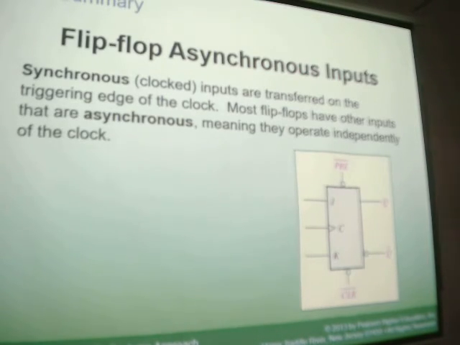Flip-flop synchronous inputs. Synchronous inputs are transferred on the triggering edge of the clock. Most flip-flops have other inputs that are asynchronous, meaning they operate independently of the clock.